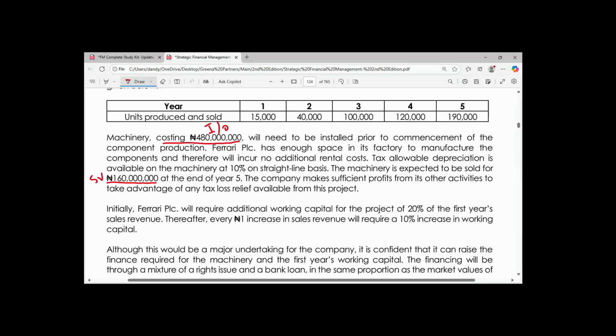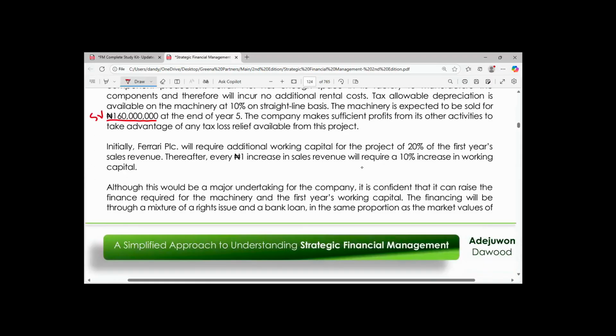Initially, Ferrari PLC will require additional working capital for the project of 20% of the first year's sales revenue. Thereafter, every 1 naira increase in sales revenue will require a 10% increase in working capital. Although this will be a major undertaking for the company, it is confident that it can raise the finance required for the machinery and the first year's working capital.